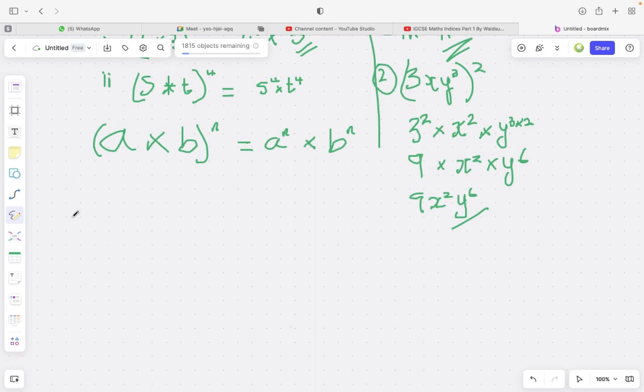Now let's say example 3, we have 7p to the power of 4, r, and then s to the power of 5, and then we close the bracket, and then we say everything to the power of 0.